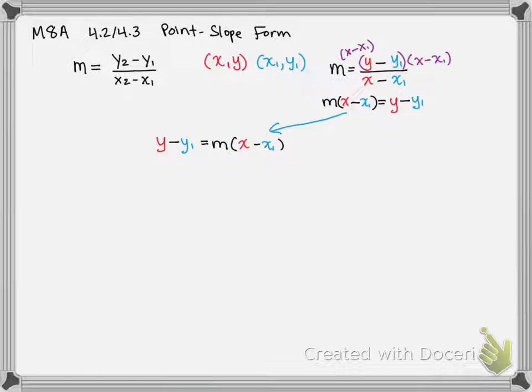So m is the slope, and x sub 1, y sub 1 is a point on the line. So the point-slope form actually comes from the slope formula. Interesting, huh? Okay. So that's where that comes from. So it reveals the information to us.